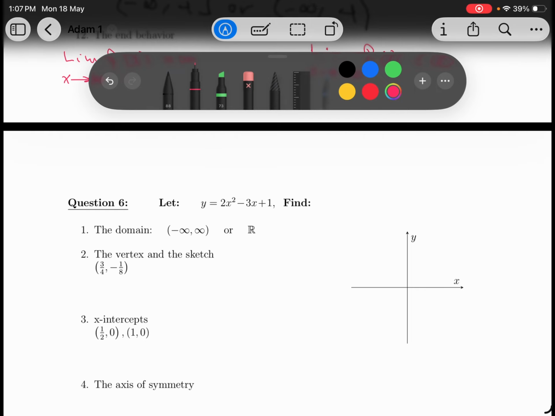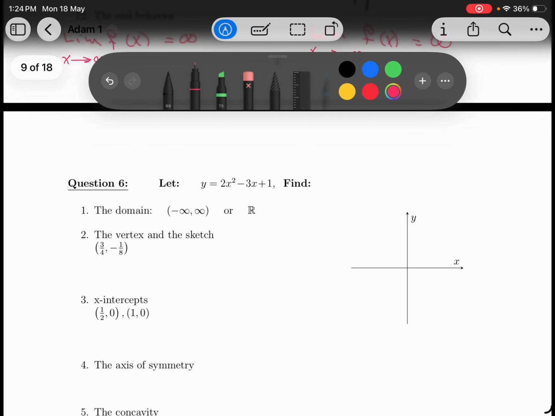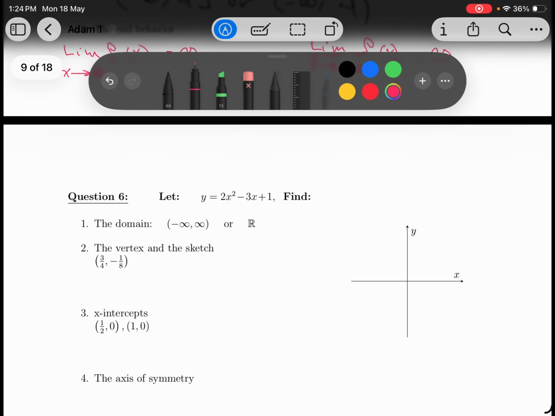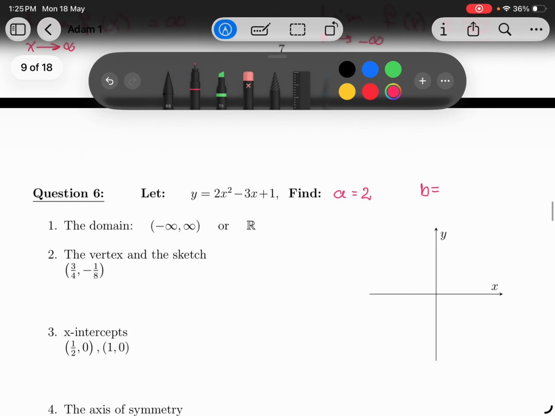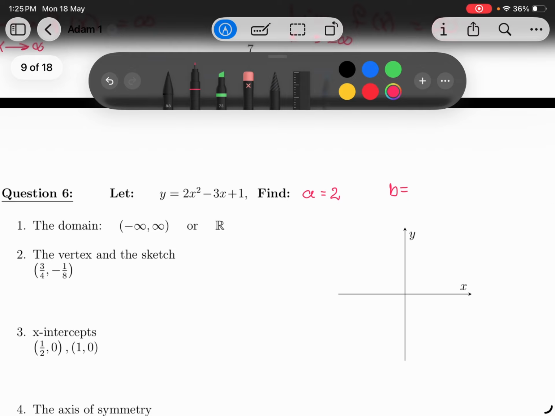So hold on, guys. Okay, guys, here we have this quadratic function where a equals 2, b equals -3, and c equals 1.